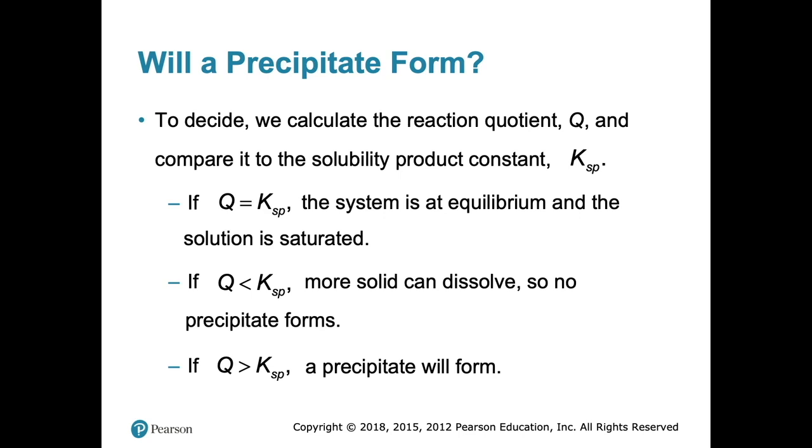But for this specific one, the solution equilibrium, it also means that the solution is saturated. If Q is less than Ksp, you're at an unsaturated solution, so you can dissolve more stuff and no precipitate forms. And if Q is greater than Ksp, then you've reached the saturation point and precipitate will form. You cannot dissolve anything else.